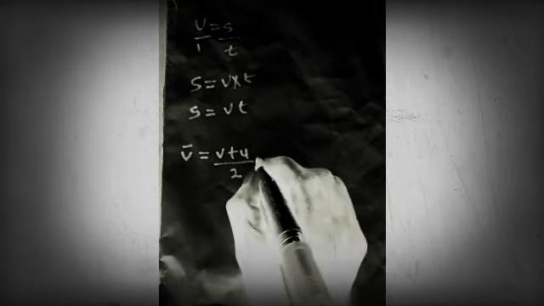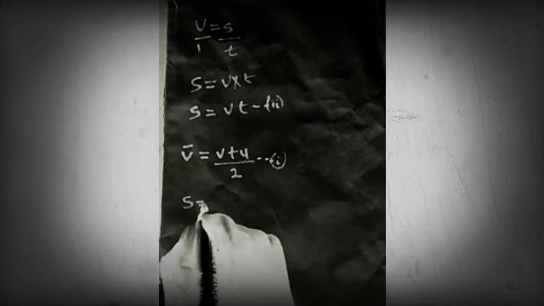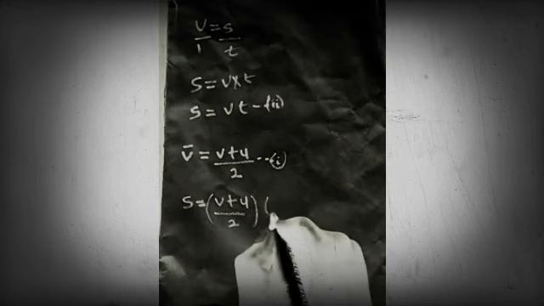From here, let us call this one equation 1. Let us call S equal to VT equation 2. Substitute equation 1 into equation 2, so that S now is equal to, in place of V here, V plus U all over 2, and there's T here. We put the T here.